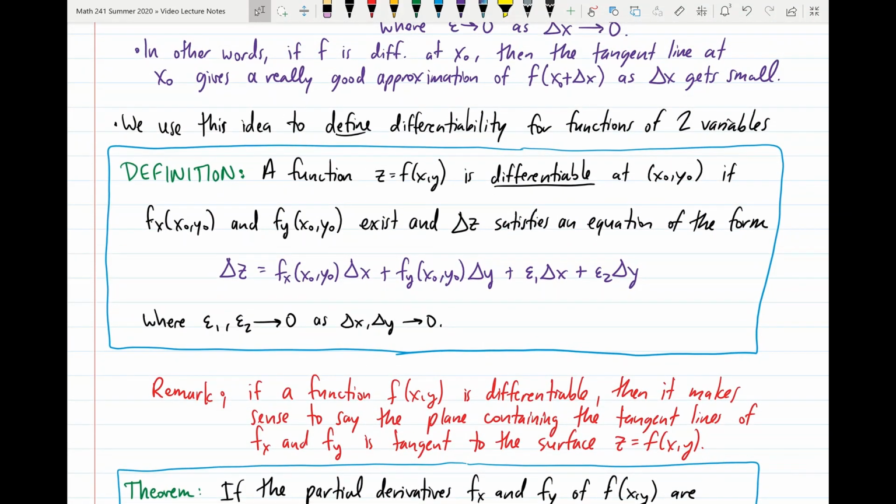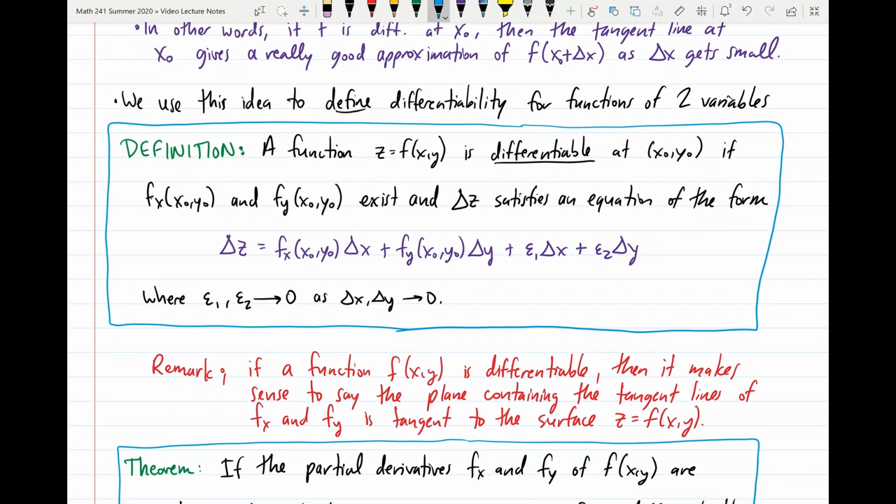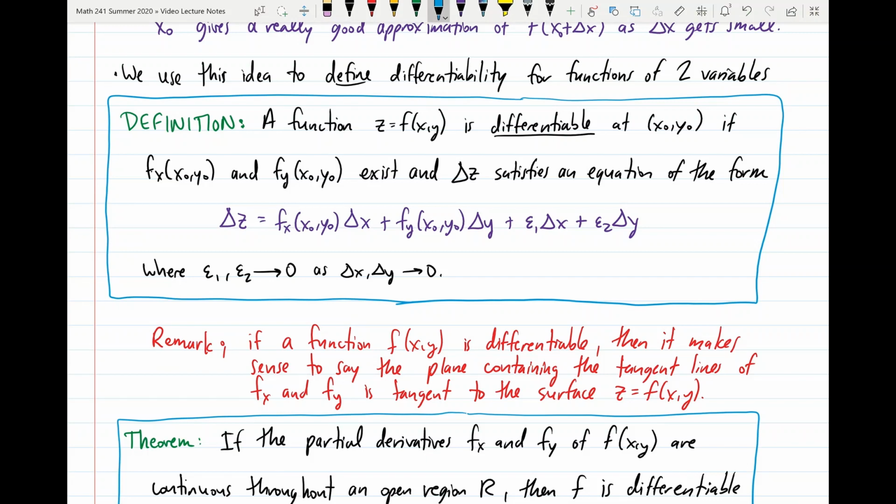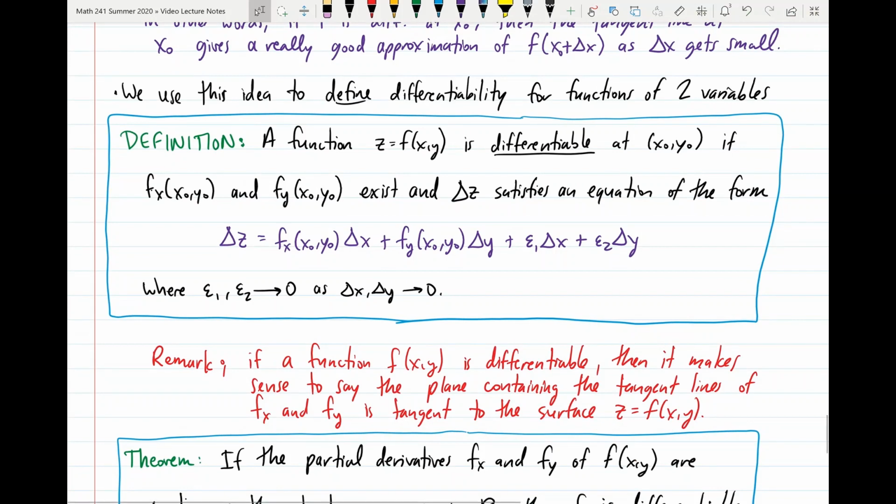A function z equals f of x, y is differentiable at some point x naught, y naught if both of our partial derivatives, the partial derivative with respect to x and y, exist at the point x naught, y naught, and delta z, or the change in z, satisfies an equation of the form delta z is equal to partial x at x naught, y naught times delta x plus partial y at x naught, y naught times delta y plus epsilon 1 times delta x plus epsilon 2 times delta y, where epsilon 1 and epsilon 2 both go to 0 as delta x and delta y get really small.